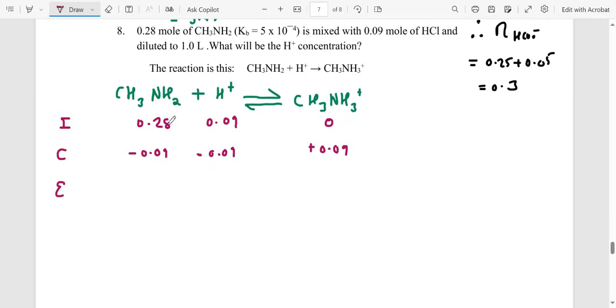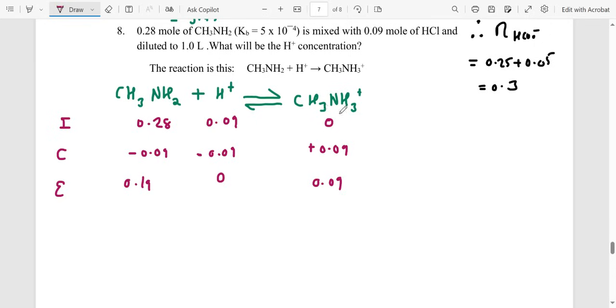At equilibrium, 0.28 minus 0.09 will give us 0.19. This is going to give us 0. All the hydrogens have been chewed up, and this is going to be 0.09. Okay. So the solution therefore contains 0.19 moles of this base and then 0.09 moles of this product here.